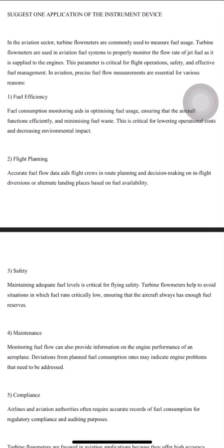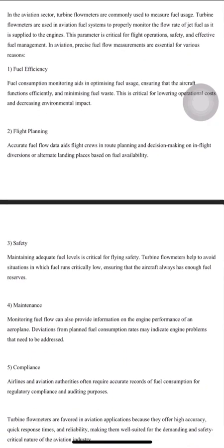Turbine flowmeters are used in aviation fuel systems to properly monitor the flow rate of jet fuel as it is supplied to the engines. These parameters are critical for flight operation, safety and effective fuel management. In aviation, precise fuel flow measurements are essential for various reasons.